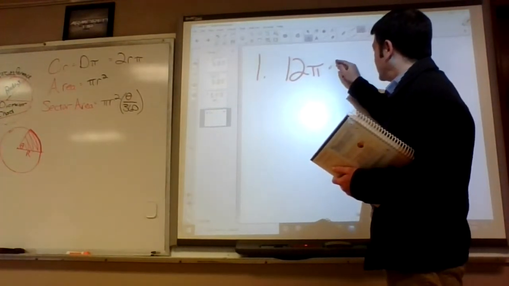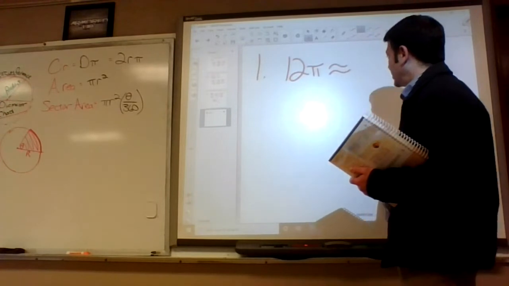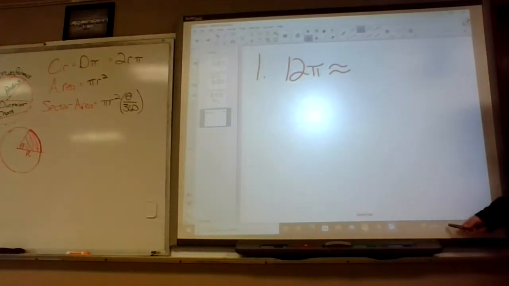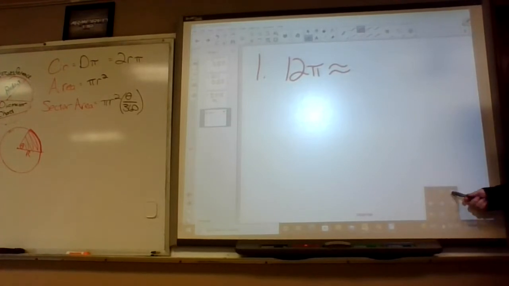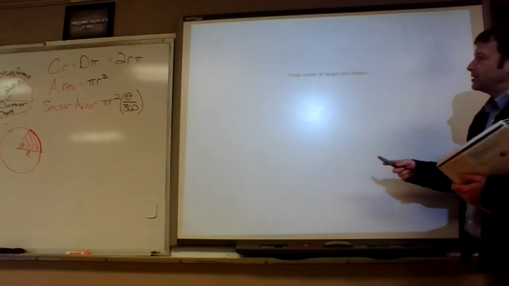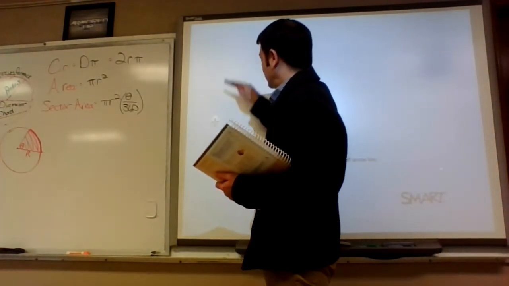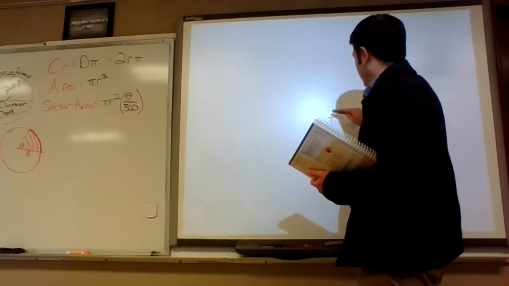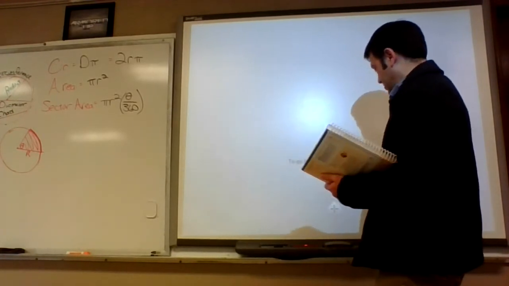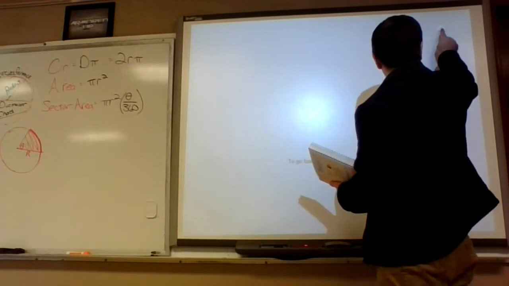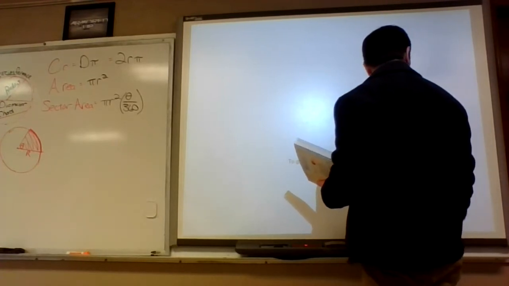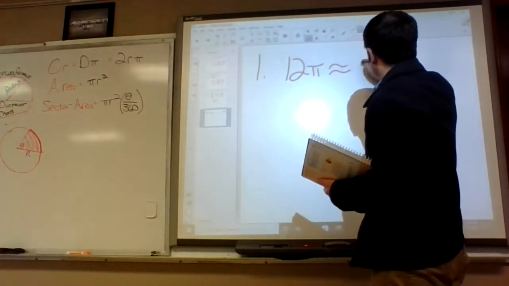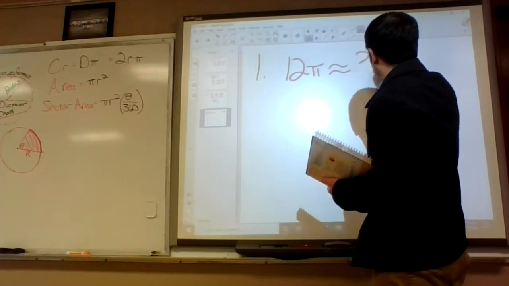They also want the decimal for that, which we're going to round to the tenths place. You need to plug that in your calculator. 37.7, did you guys confirm that? We should label it also. It says inches on this one, so 37.7. Would it be inches or inches squared?